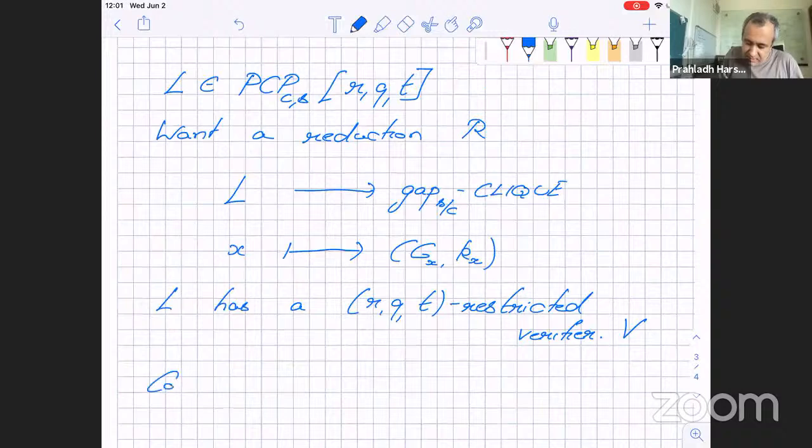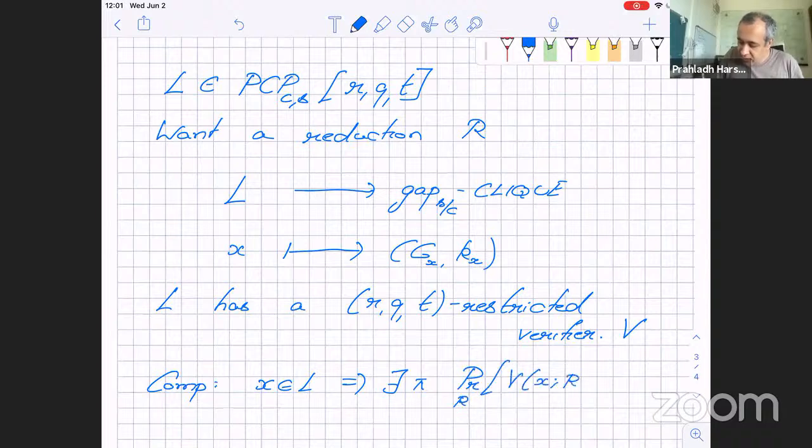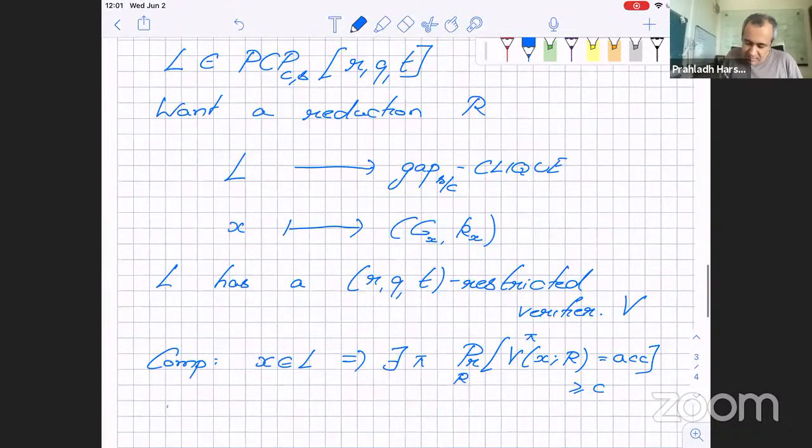In the completeness case, X is in L implies there exists a proof pi such that the probability over the random coins of the verifier, so it gets to see X, it gets to see the random coins, but it gets to only query the proof pi. That's why I'm going to put pi in this one. This is equal to accept is greater than or equal to C.